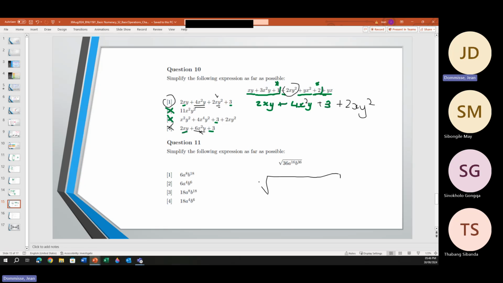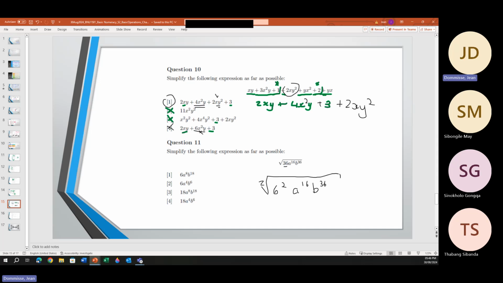So remember, if there's nothing, it actually means square root. So there's a hidden 2. So 36 we know is 6 to the power of 2. And then let's just rewrite a to the power of 16, b to the power of 36.